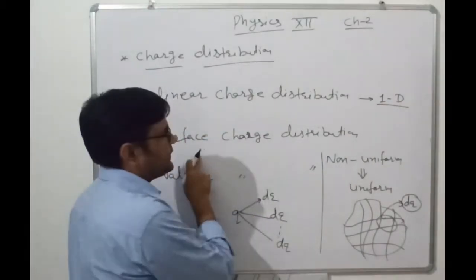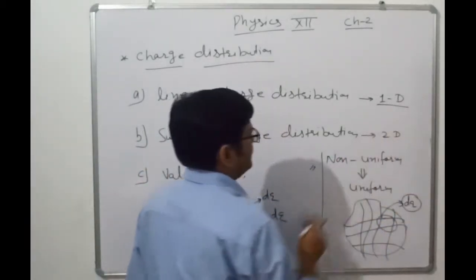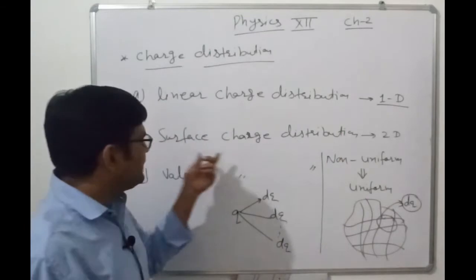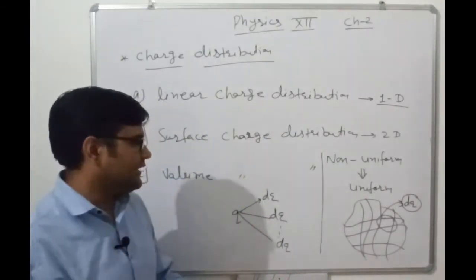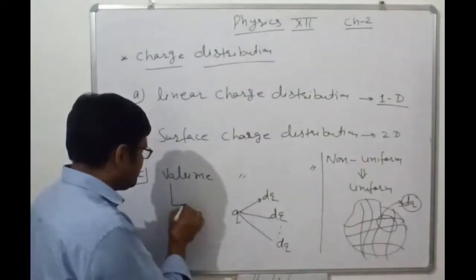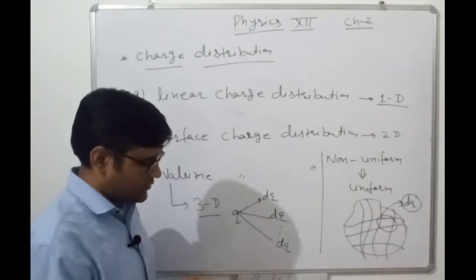In case of the surface, it is a two-dimensional charge distribution, because here we consider the surface in terms of length and width or length and breadth. In case of the volume charge distribution, it is considered a 3D distribution.